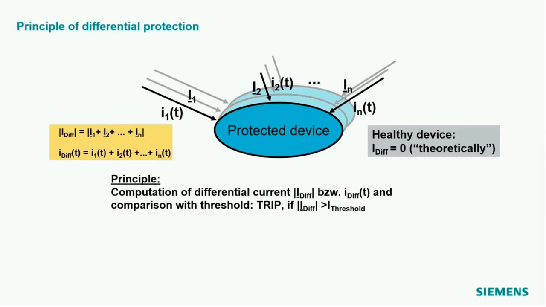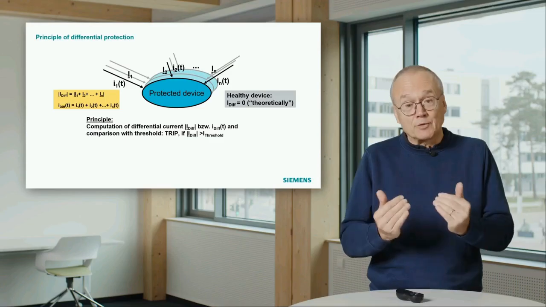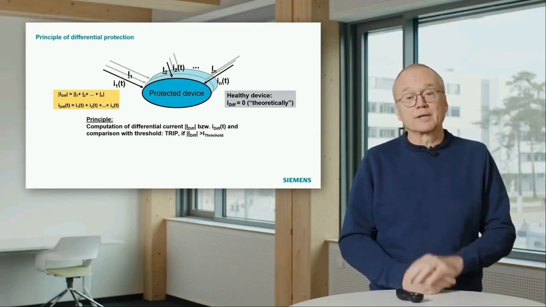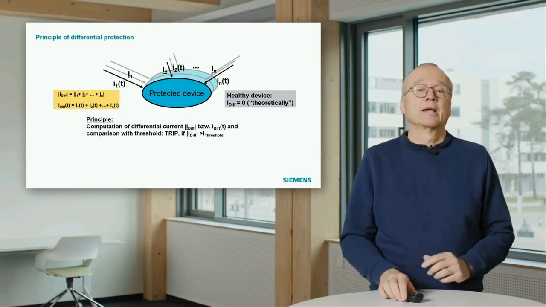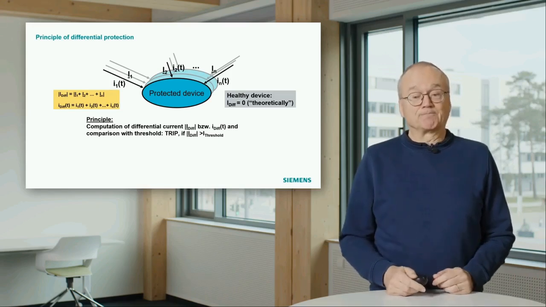That means the principle is we calculate the differential current and we compare this current with the threshold, and if the differential current is above the threshold, then we say, okay, there must be a fault in the protected zone, and if the differential current is smaller than the threshold, then we say, okay, the device is healthy.